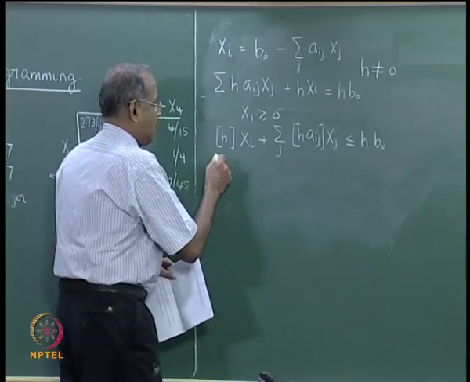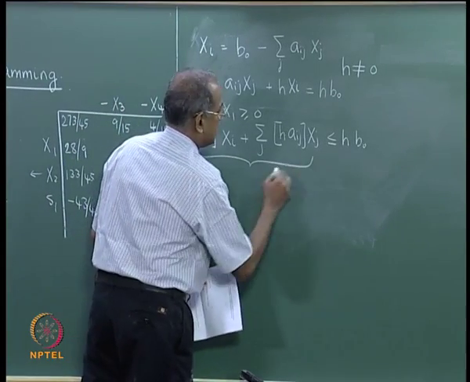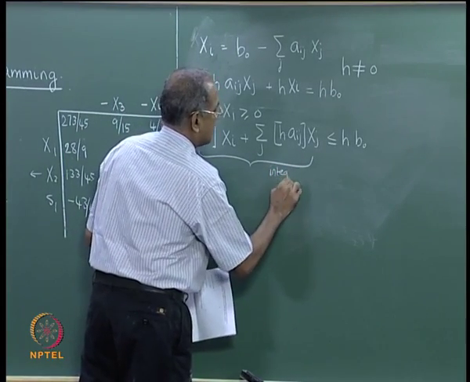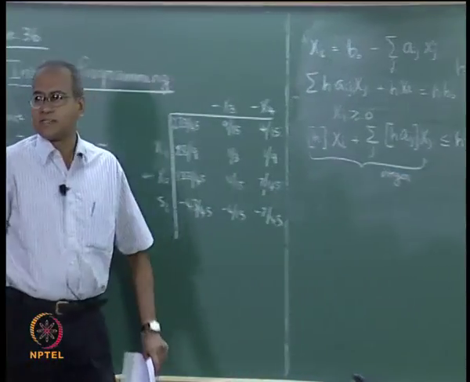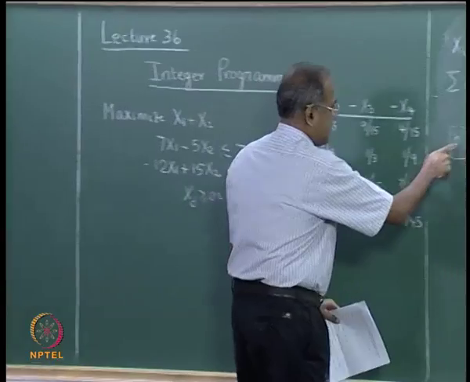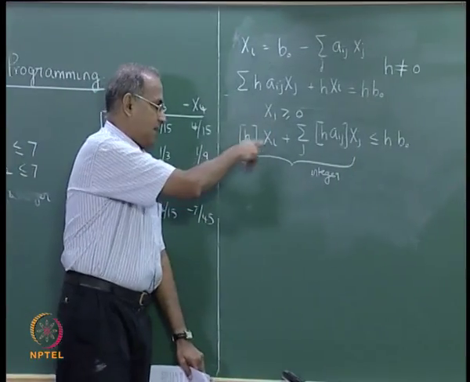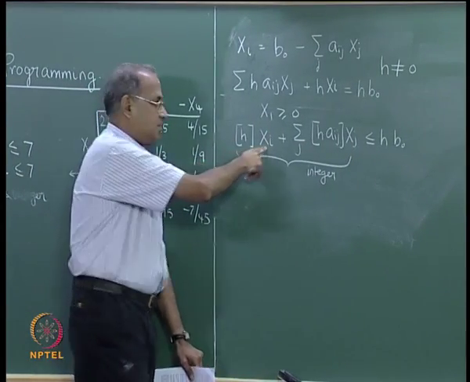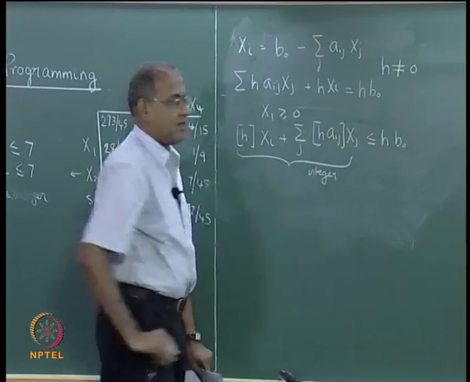Now this should be an integer because all xi's and xj's are integers. This is a lower integer value of h, so this is an integer multiplied by another integer. Similarly, this is an integer multiplied by another integer.